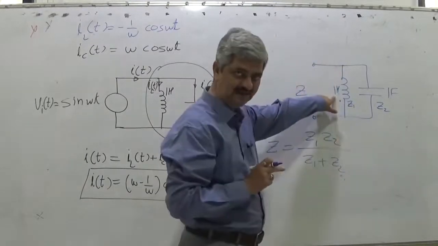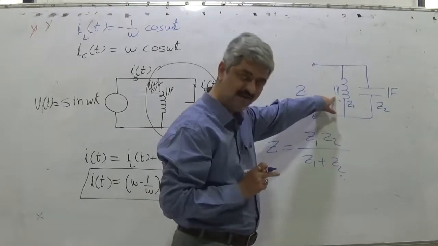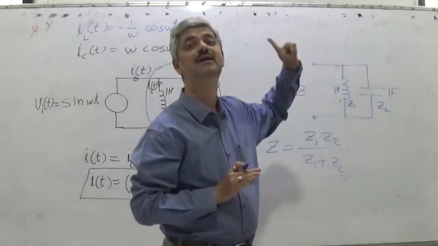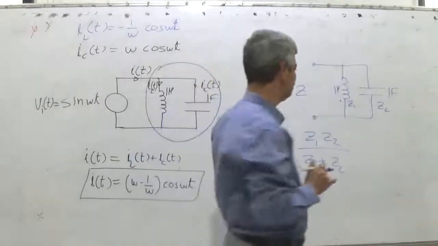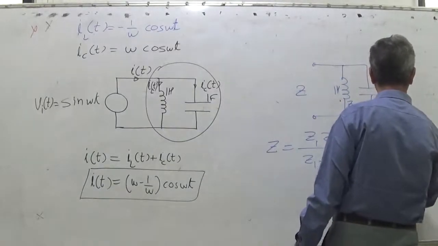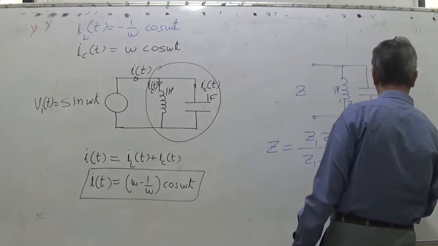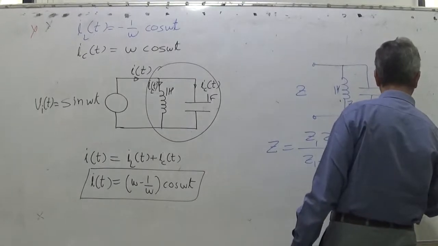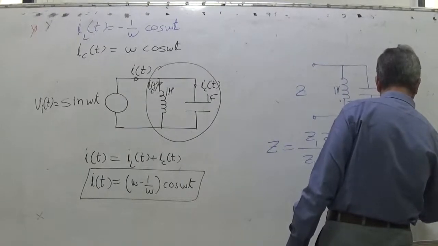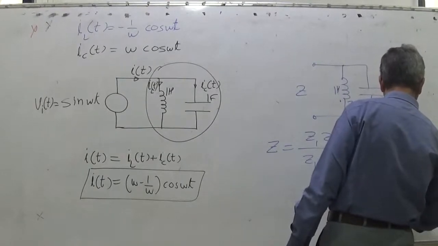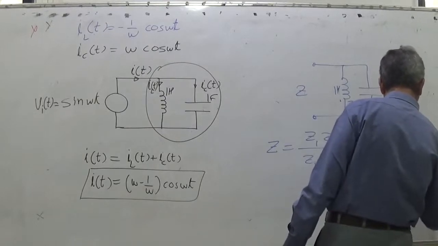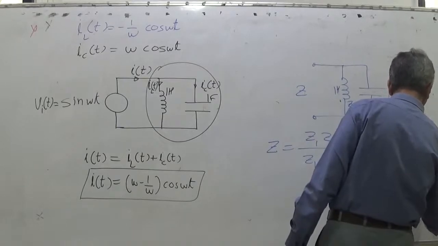For 1 Henry inductance, inductive reactance is j omega L. So Z1 is equal to j omega, and Z2 is equal to 1 upon j omega C. C is 1, so 1 upon j omega, or the same I can say as minus j upon omega.